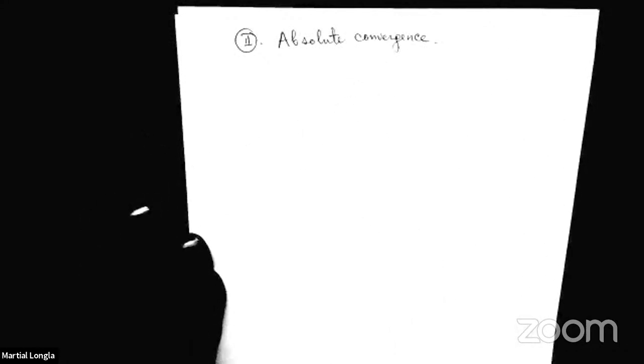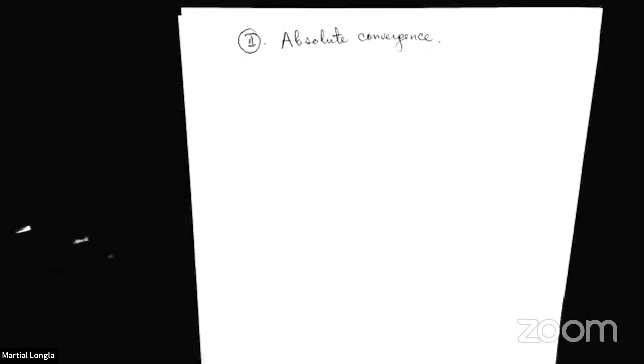And we will be continuing with the second part, which is absolute convergence. Part 2 of this lecture is absolute convergence. And this is the only topic in this class that doesn't put a condition on the sequence to be positive.